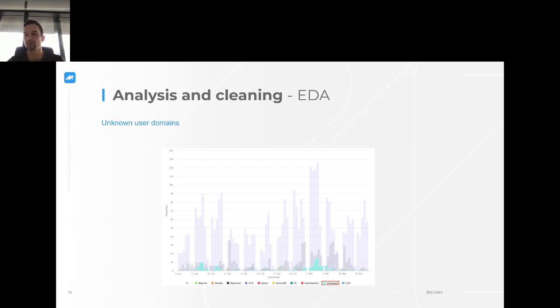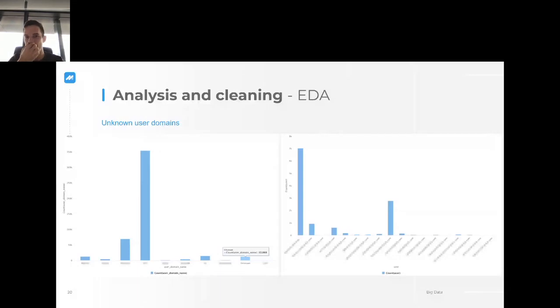We had a portion of domains that were unknown. We also realized that their peak was also in the monthly usage peaks. So we drilled down and found that they only occupy a small percentage of the traffic, but it was still really interesting for us to see what's happening there.